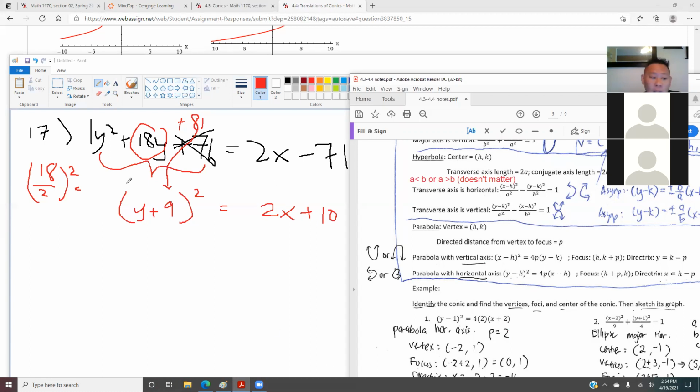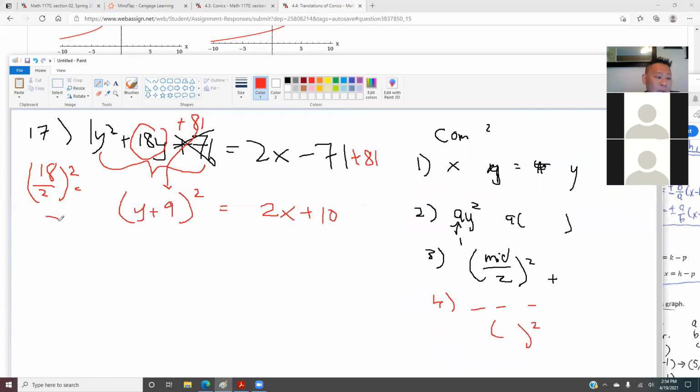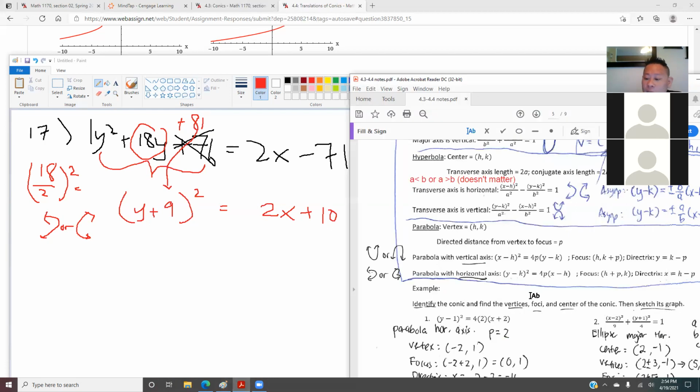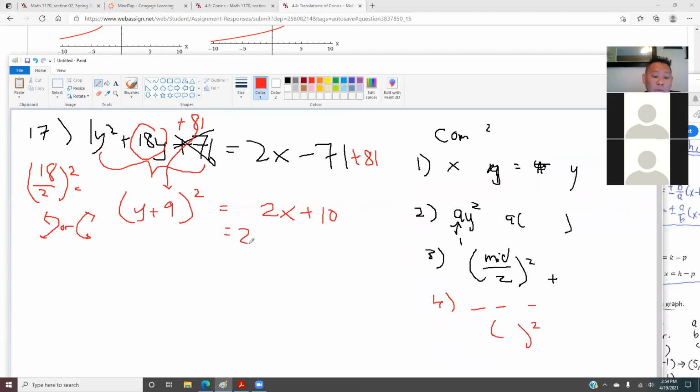It's horizontal, means it's open sideways, either left or right. And if you look carefully here, they always factor your x on the right side. Your x only has one x. So what you need to do here is you have to factor the 2 out. And when you factor the 2, you get x plus 5.